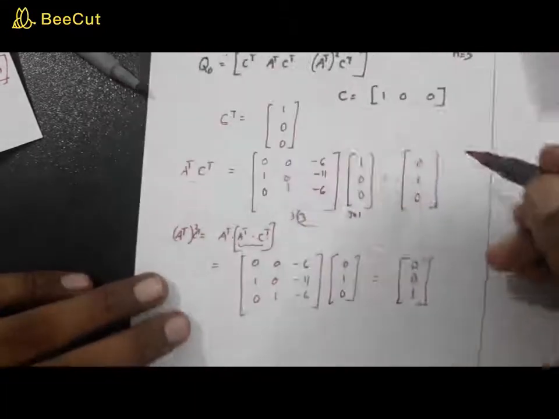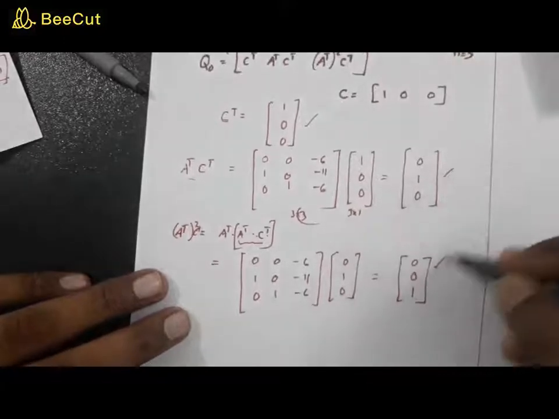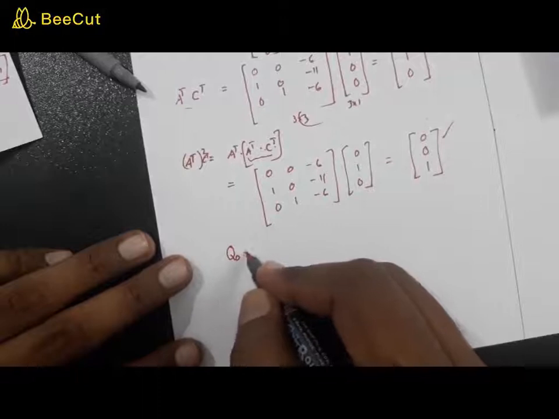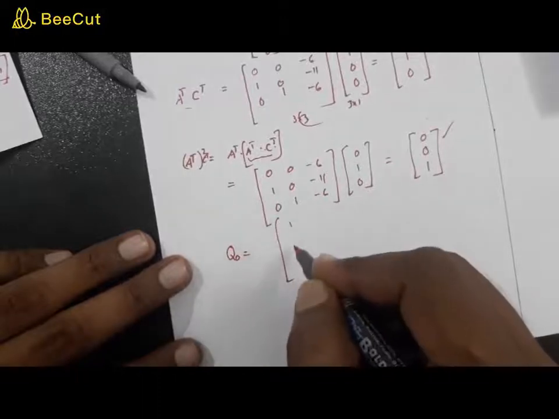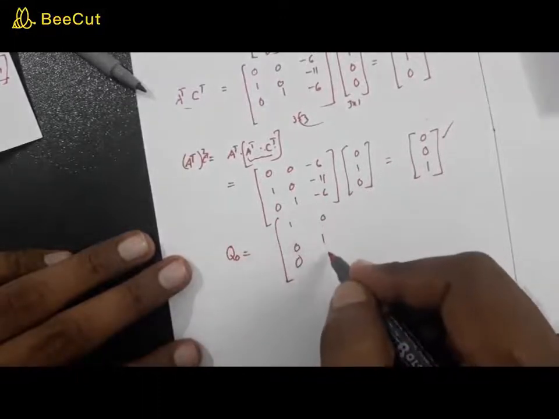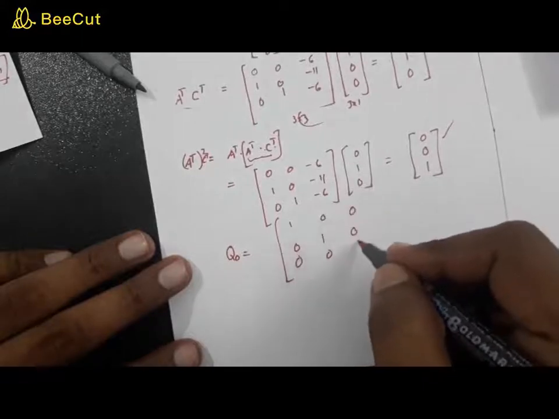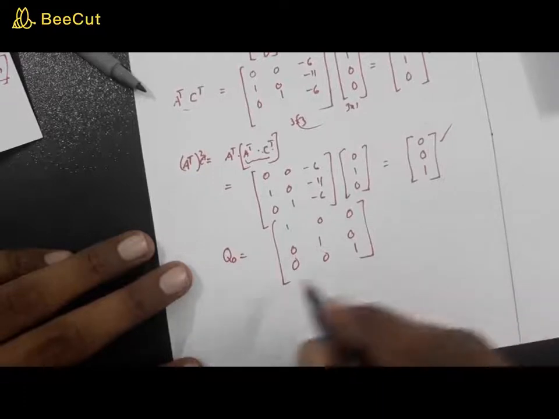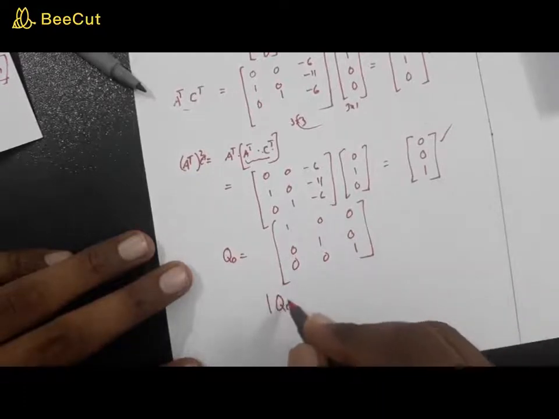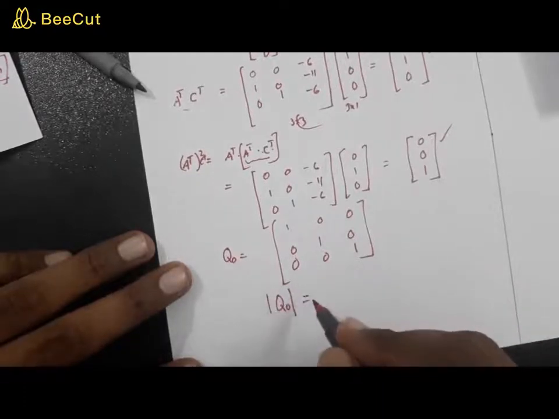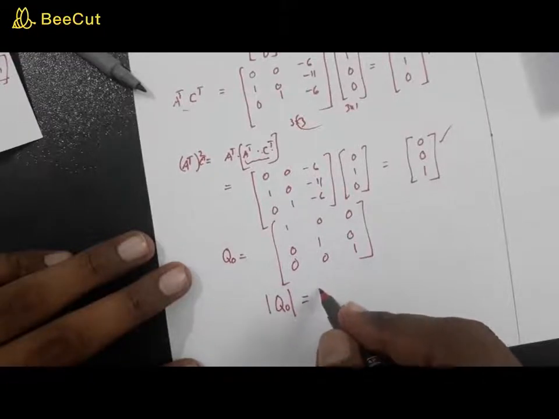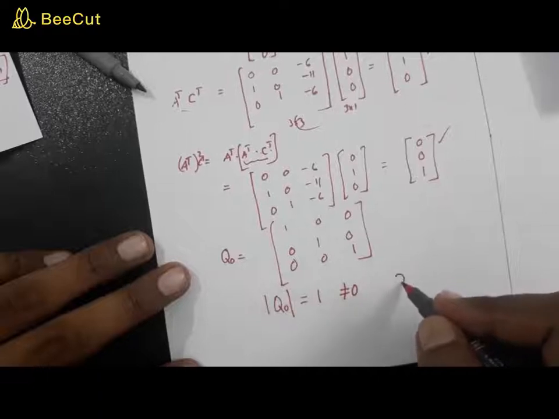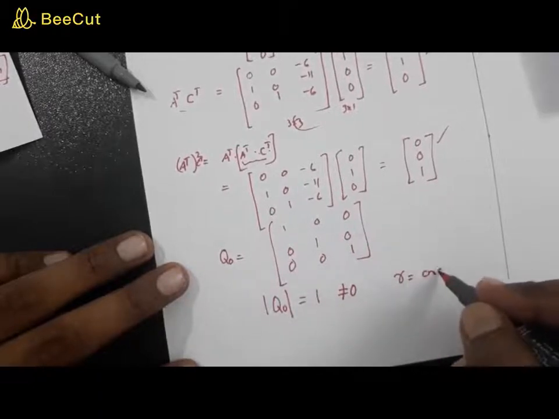So now you got the 3 columns for the composite matrix for observability. That is Q0 is equal to 1, 0, 0, 0, 1, 0, 0, 0, 1. Now when you take the determinant of Q0, it's going to be equal to 1, which is a non-zero value, meaning the rank is equal to the order of the system.